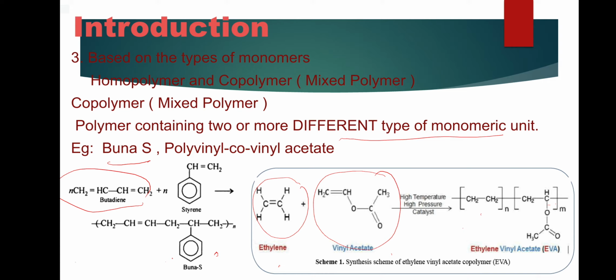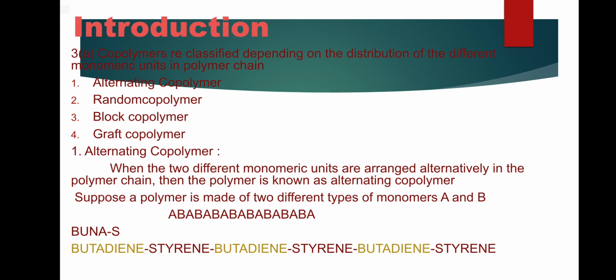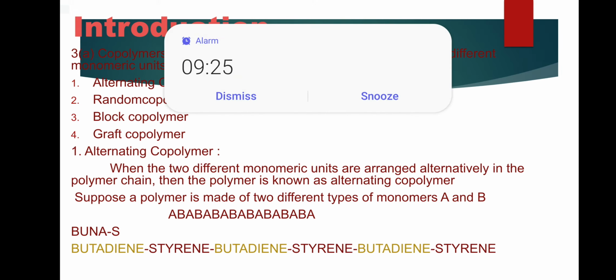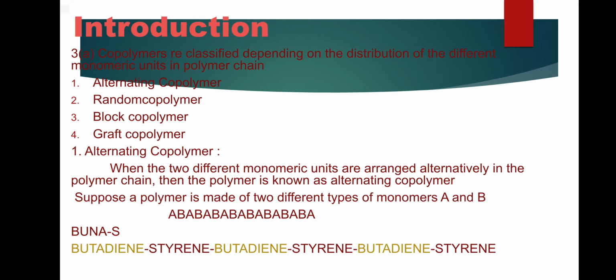Where we have the same molecule we call it a homopolymer. Polyethylene, PVC, etc. are examples. Again, these copolymers are classified depending on the distribution of different monomeric units. Depending on how the monomeric units are arranged in the chain, we can classify: alternating copolymer, random copolymer, block copolymer and graft copolymer.